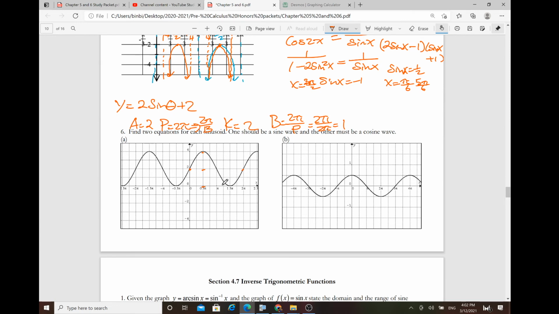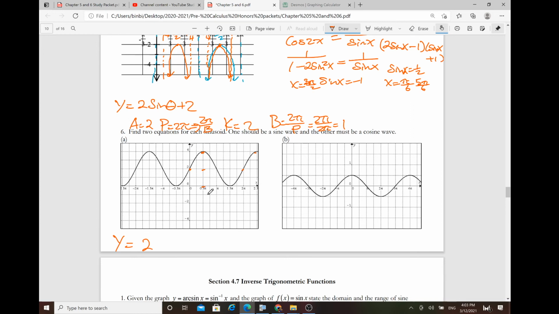Now, what about the cosine curve? The amplitude is still 2. But for the cosine, normally we start off at the max, and this one is shifted pi over 2 units to the right.